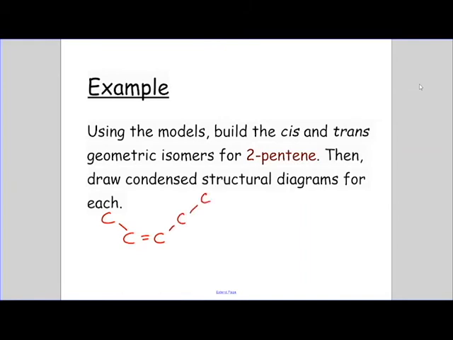I could fill in the hydrogens the same way we did before. I should also note that it's fairly common to see the hydrogens surrounding the double bond shown in an X pattern to show where the cis and trans configuration are.